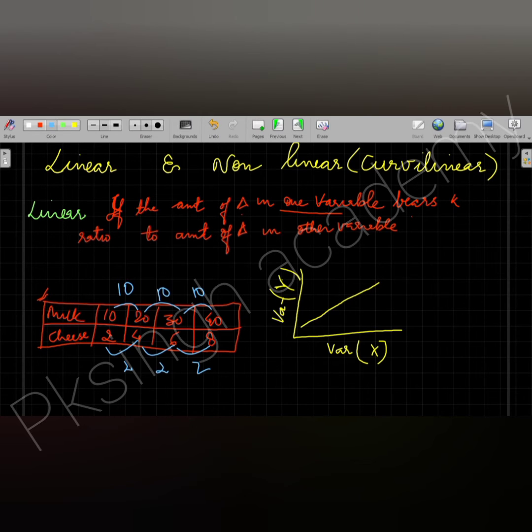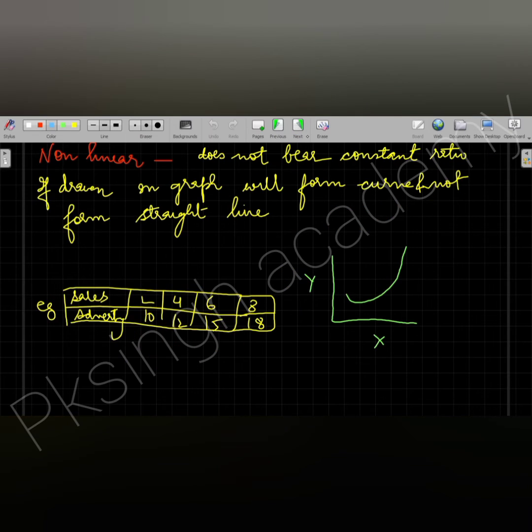Now we'll move to non-linear, or curvilinear, correlation. Non-linear correlation does not bear a constant ratio. There will be no constant increase or constant decrease. If we draw it on a graph, we'll form a curve and not a straight line. See the figure I have drawn here, it is curved.